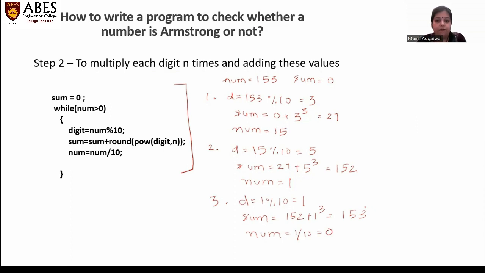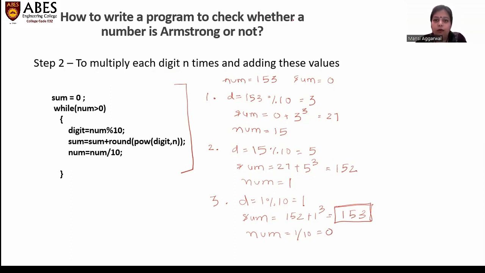As we can see, after these three iterations, the value which we have got in the sum variable is 153. If we simply compare this value with the value of the original number, and if these values are equal, then the number is an Armstrong number. Otherwise, it is not an Armstrong number.